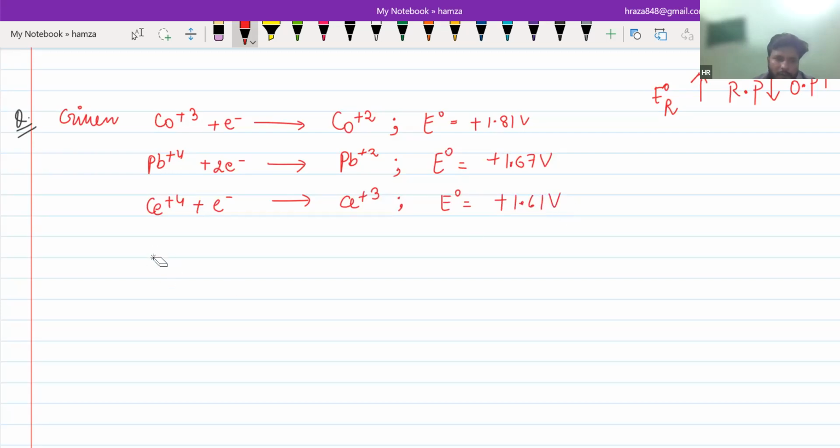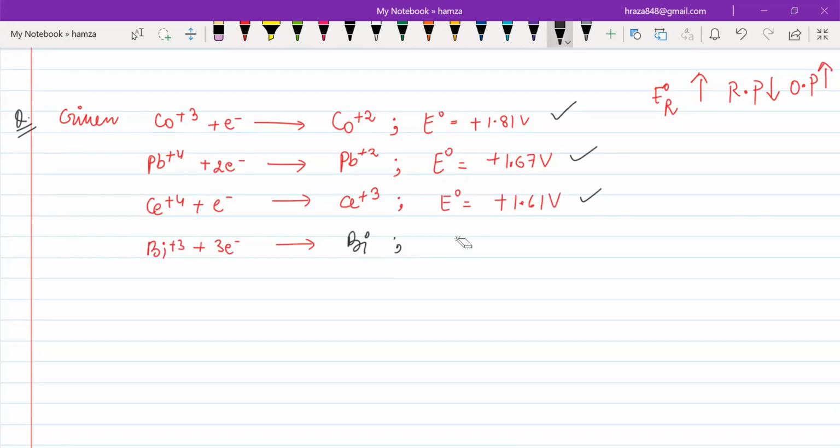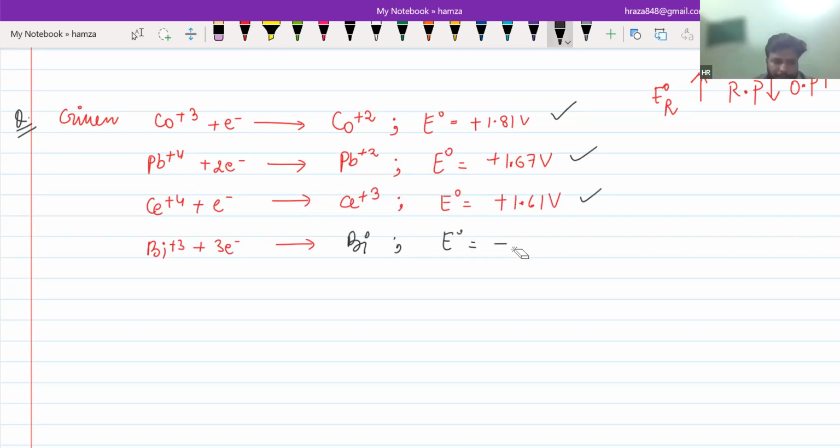Be careful while solving this question. Bi3+ plus 3 electron. It doesn't matter how many electrons it gains. It matters what is the value of this E naught. Are you getting my point? Yes, sir. And E naught value is plus 0.20 volt.